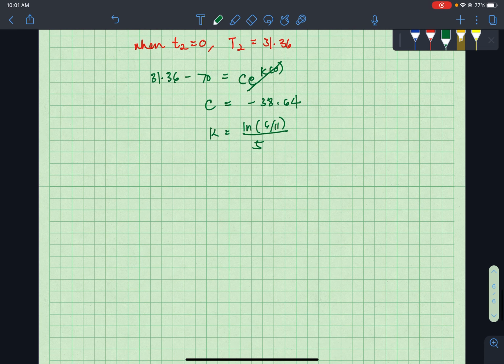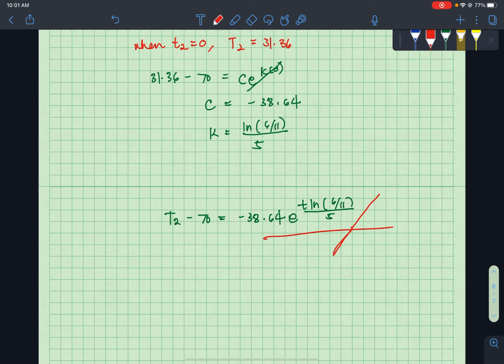Therefore our formula would be T2 minus 70 equals negative 38.64 e raised to t ln of 6 over 11 divided by 5. So this is our new working equation.